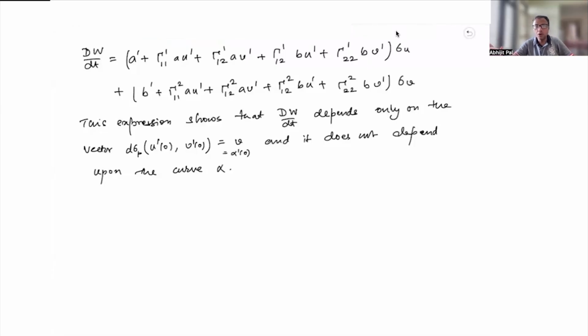So it depends only on the vector v. So you can have another curve beta such that beta prime 0 is equal to v. But this capital DW/dt at t equals 0 only depends upon the vector v, so not upon the curve alpha and beta. Okay, so I'll stop here.